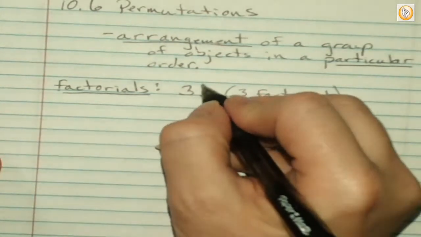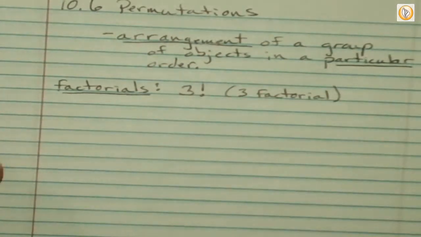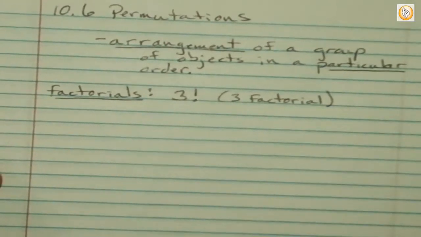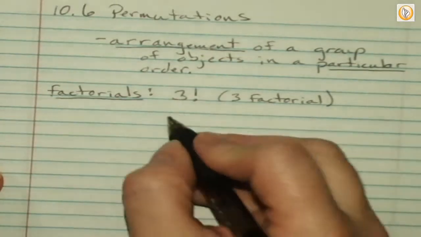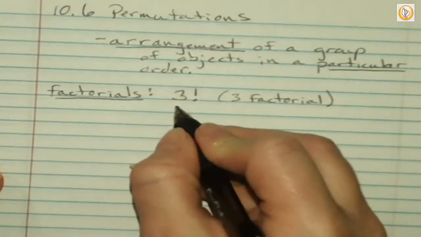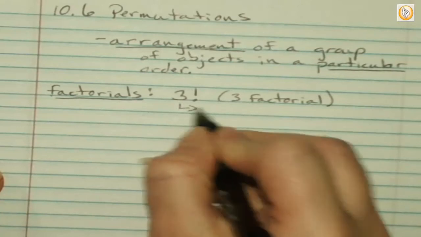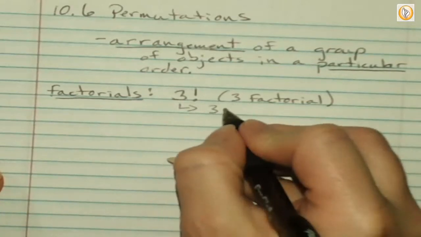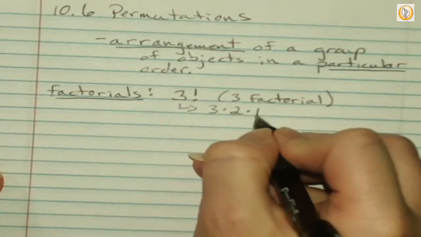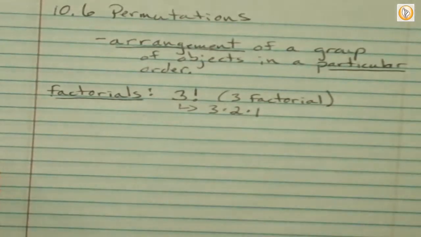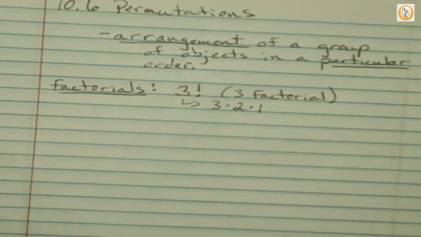Yep, exclamation point. Will it always be the 3? No, that's just an example. And that means 3 times 2 times 1. Everything times everything below it? Exactly.